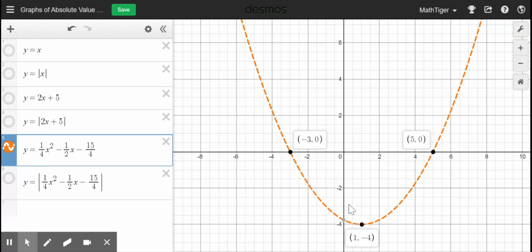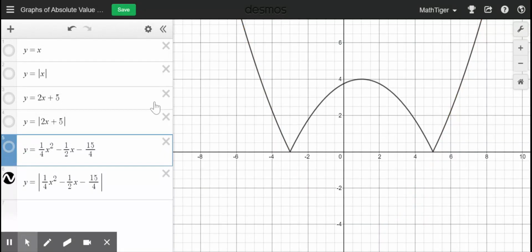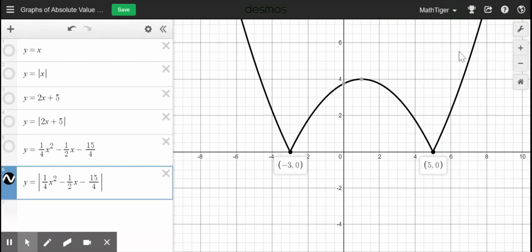So anything that's below the x-axis is going to be reflected. Here is our absolute value function for this graph, and I'm going to take the original off. So you can see that these two portions to the left and to the right of the x-intercepts stay the same.